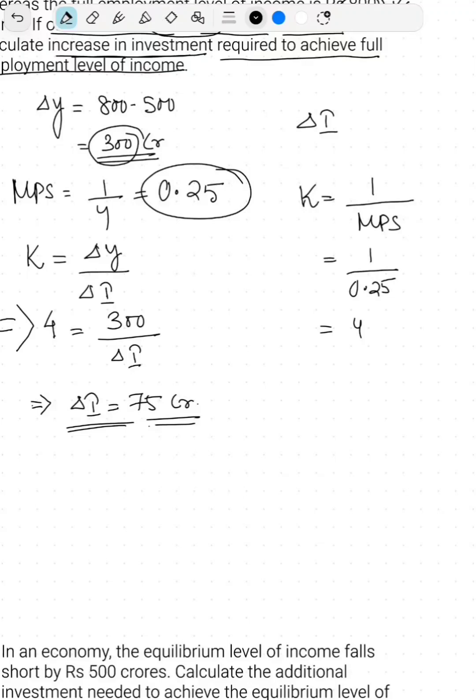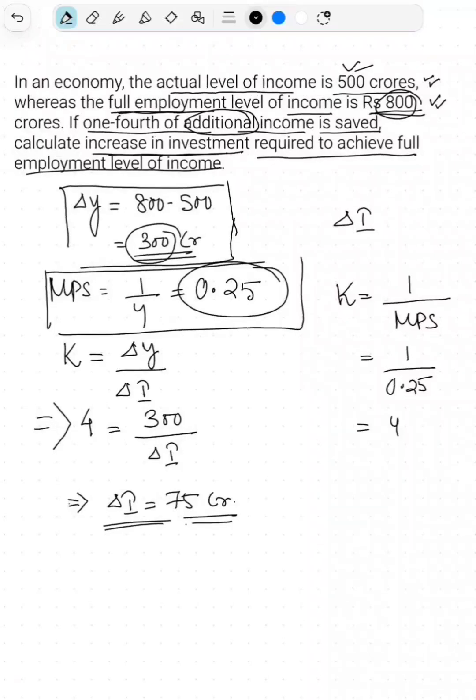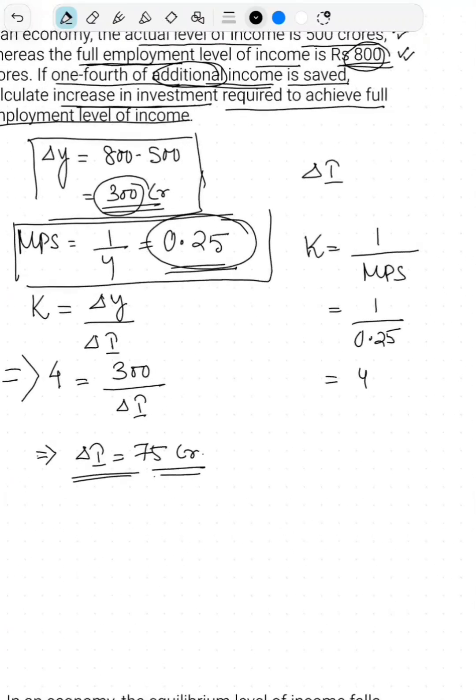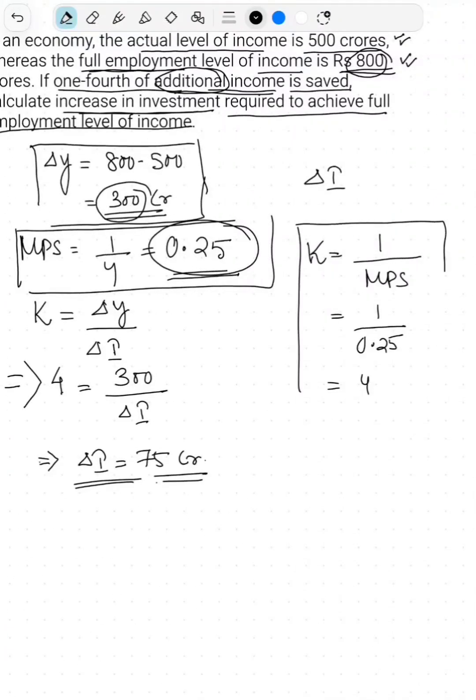What we have done, we have found the change in income. Then we have found the MPS. How much is the MPS? The question mentions it is 1/4 of additional income. So 1/4 is 0.25. Next, we have found the multiplier. What formula have we used? We have used 1 divided by MPS.